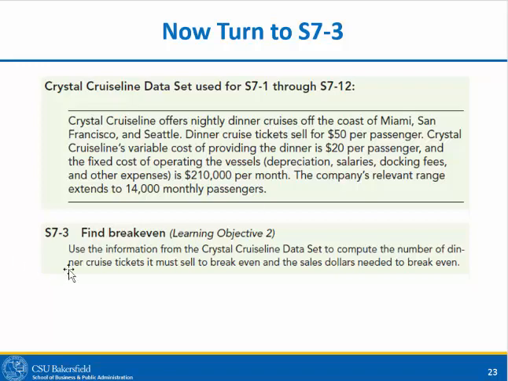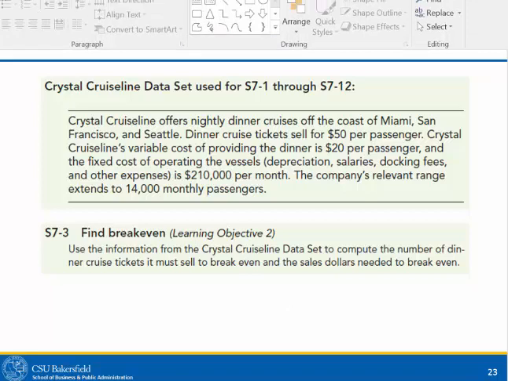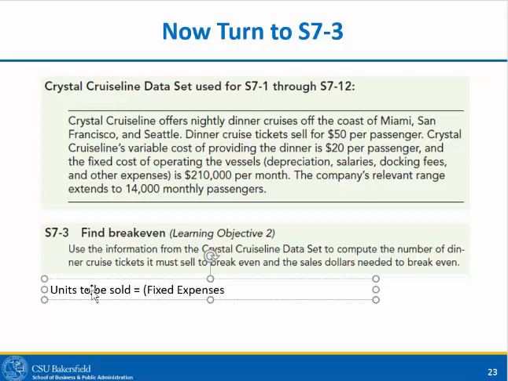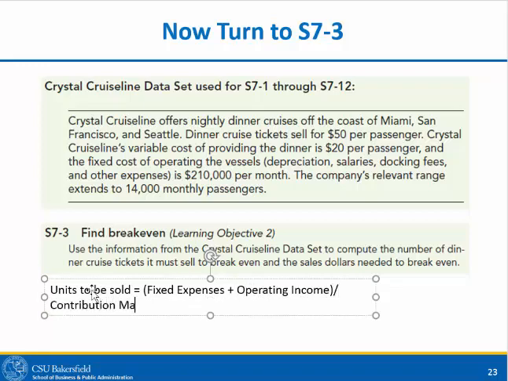So definitely the key formula here that we are going to deal with is the following. Let me first review the formulas with you. You still remember that units to be sold is basically fixed expenses plus target operating income, then divided by the contribution margin per unit, and the sales dollars needed is similar.